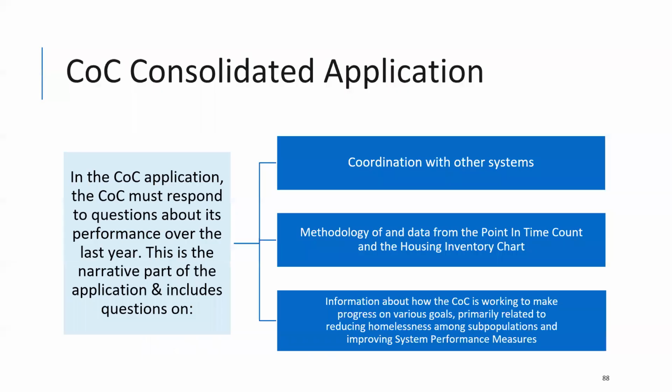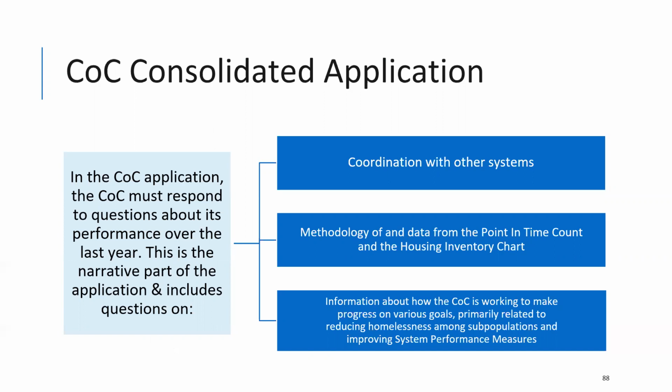So we're going to talk about that first component, which is the CoC Level Application, also known as the Consolidated Application. In that Consolidated Application, the CoC is basically telling HUD about how it's been doing in the past year in addressing homelessness. So it's a narrative application as well as certain attachments that are included.